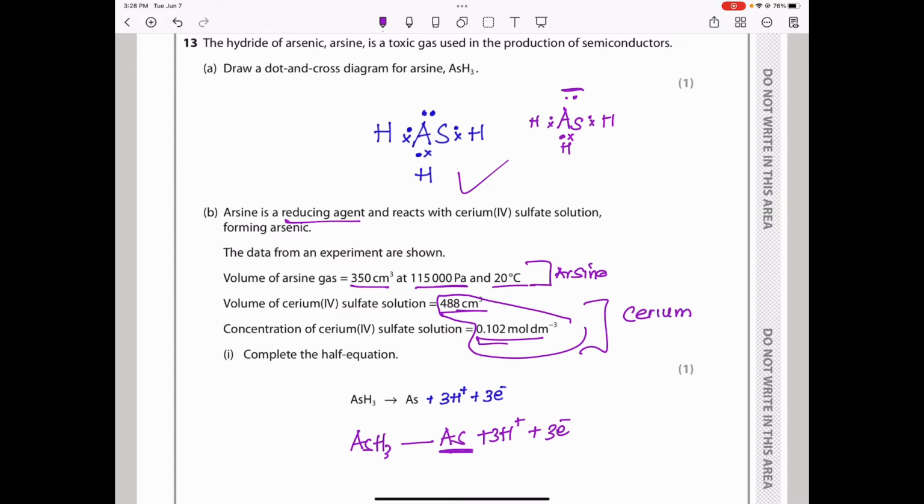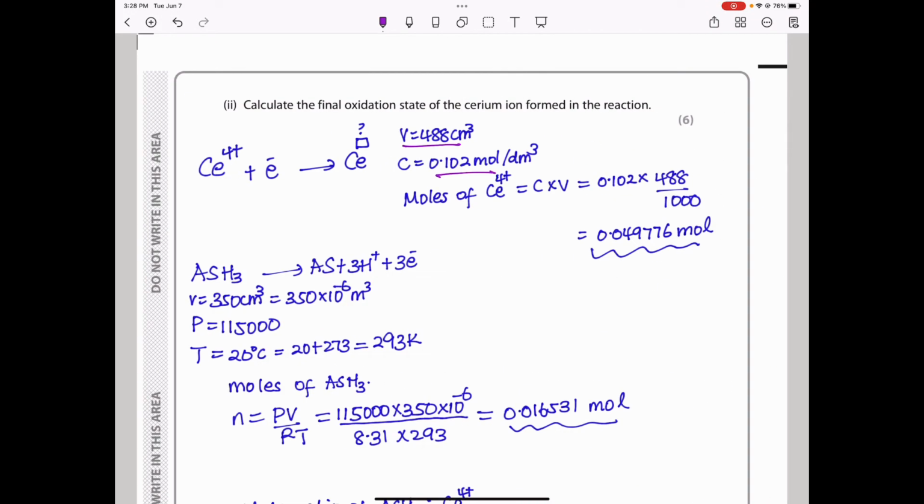So I'm going to begin with cerium and work backwards. We have the volume and the concentration. I'm going to find the number of moles, which is concentration times volume. The volume has to be converted into decimeters cubed, so 488 divided by 1000, and we get this as the number of moles.